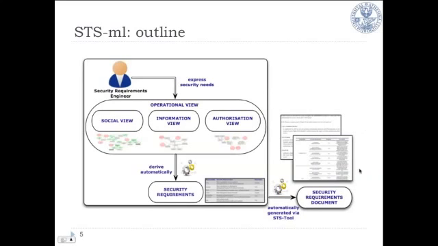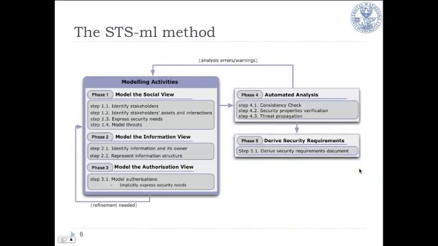Okay, let's go into more detail so that you get a more concrete look at how the language operates. This is an outline of the method on how you can model different scenarios or systems with this language. It involves five main phases in which we model the different views. In the first phase, we model the social view, and this consists of four main steps.